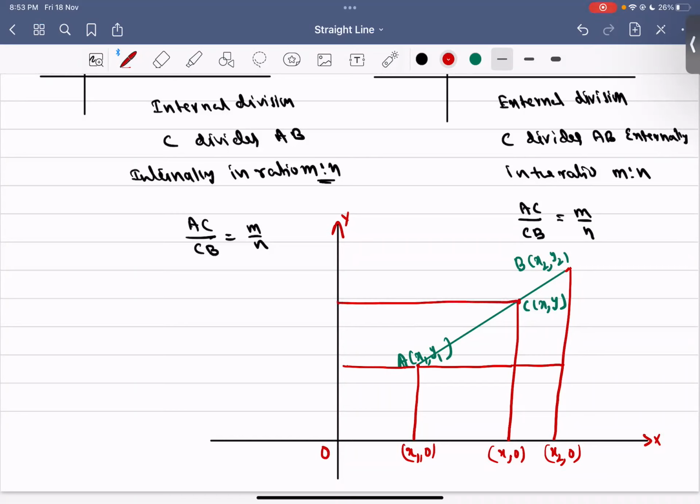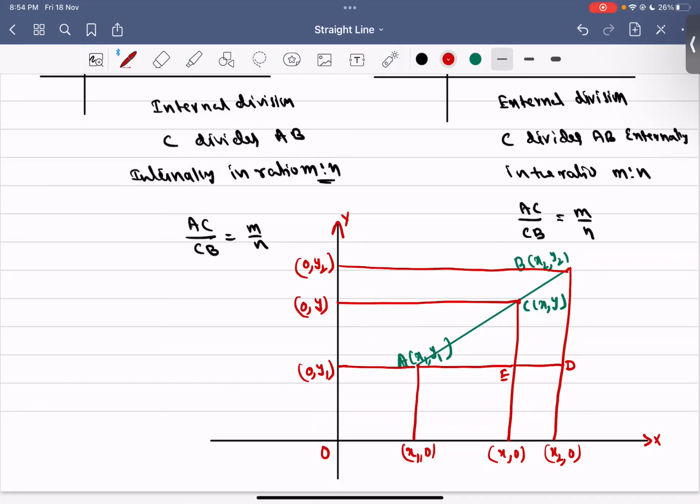This point is (0, y1), and this point is (0, y). Here also you draw one perpendicular. This point is (0, y2). So this is the construction. Suppose this point of intersection is E, and this one is D.